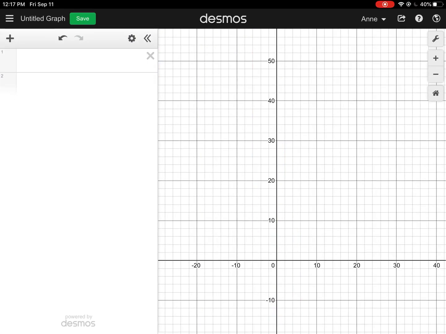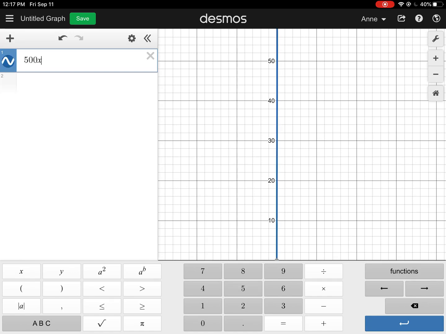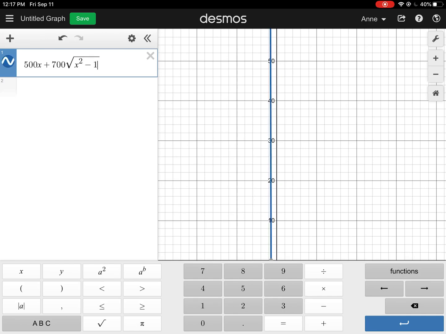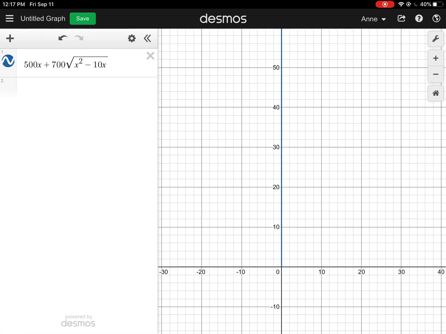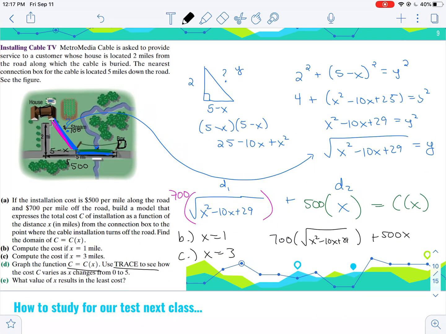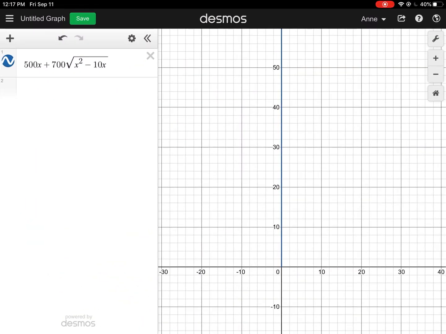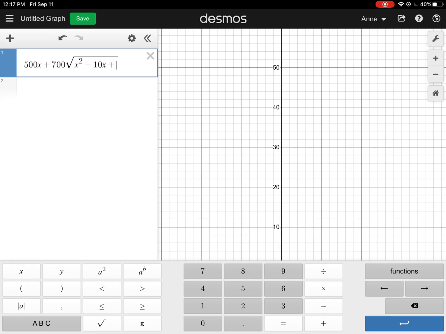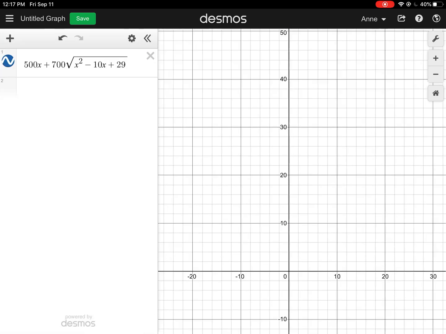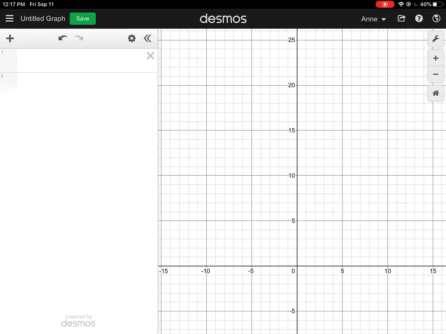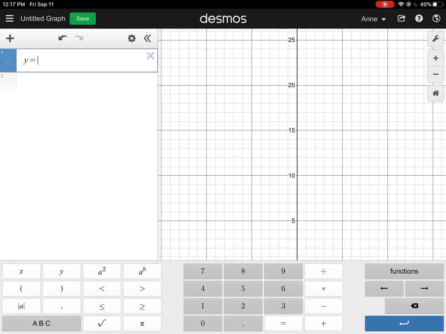So we're going to go to Desmos, and it wants to know how it's changing between 0 and 5. So y equals 500x plus 700 times the square root of x squared minus 10x plus 29.